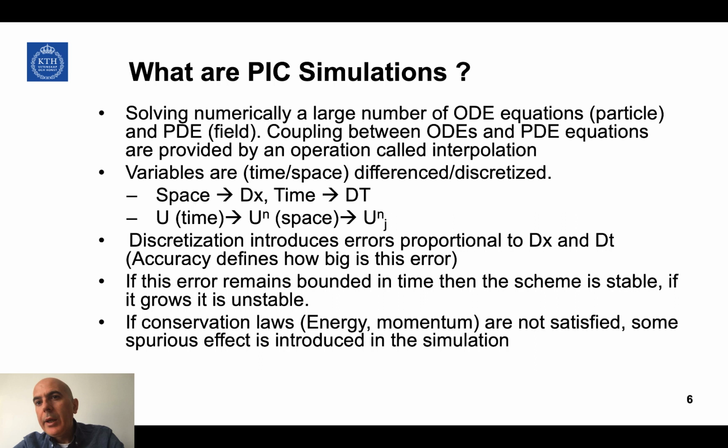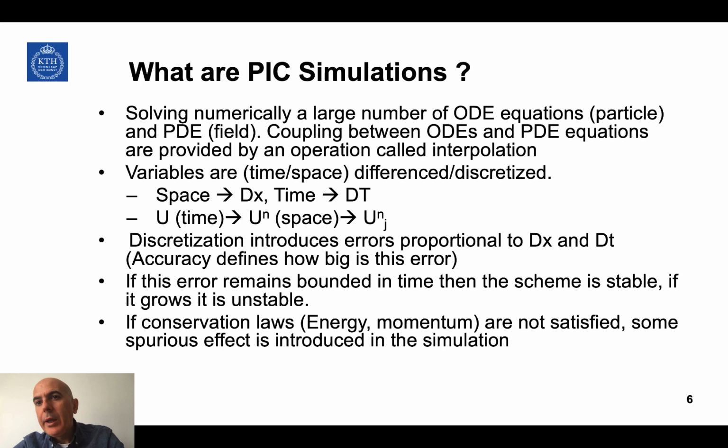One important point is that all these numerical schemes that we are going to use need to be stable. Stable means that the error is going to be bounded, so it is not growing exponentially.